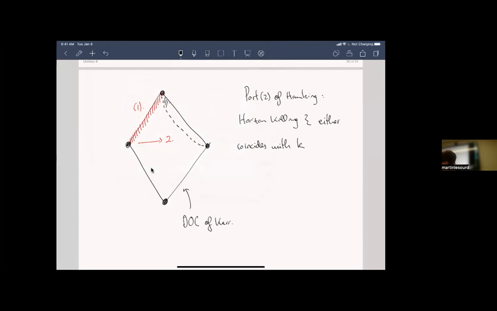So in this region, we have a time-like killing field, right? Okay. So either it coincides with K, so remember this is now a killing horizon.